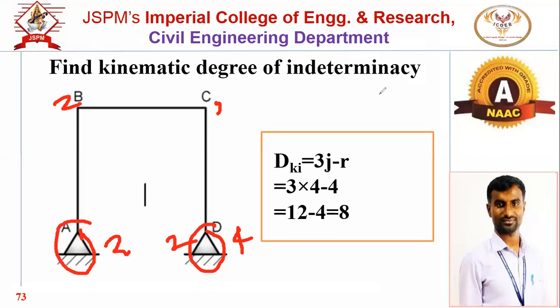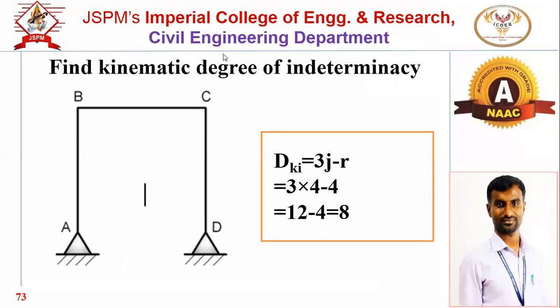The total number of reactions is 4. So 12 minus 4 is 8. 8 is the degree of freedom for this structure. So the kinematic degree of indeterminacy for this rigid jointed plane frame is 8.